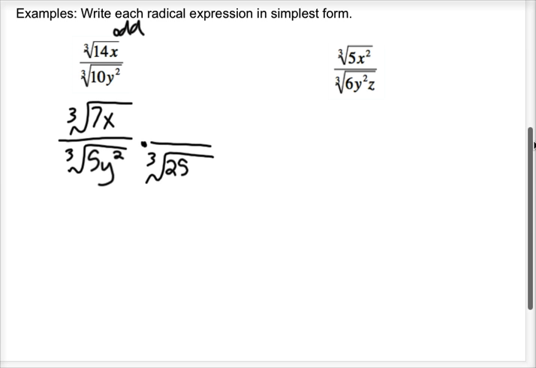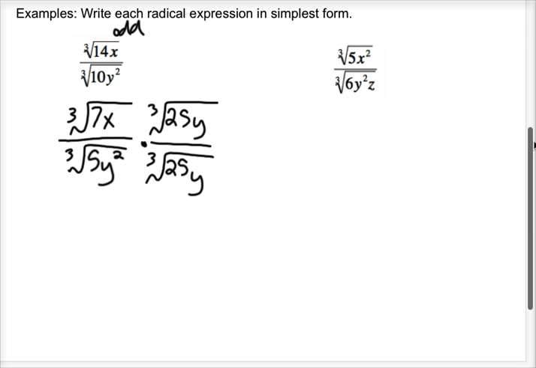Again, my goal is to complete that cube. Here I have a y squared. So I already have 2 of them. So to complete those y's, that means I need 1 more. And to follow the process, I have to multiply top and bottom by that same thing.